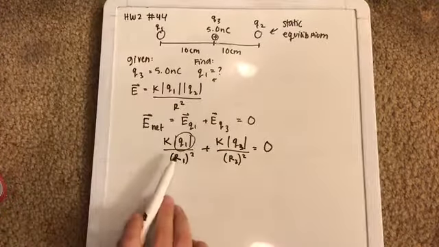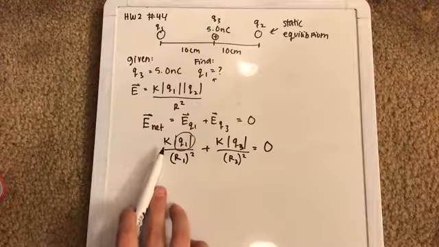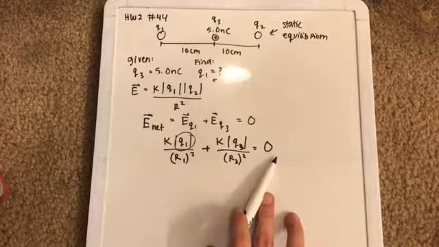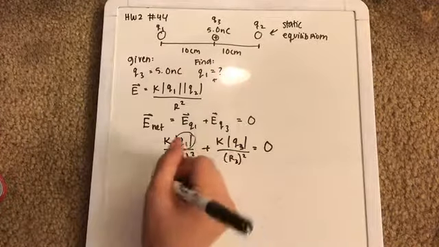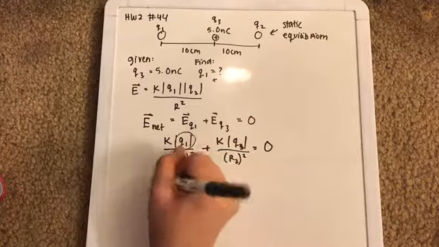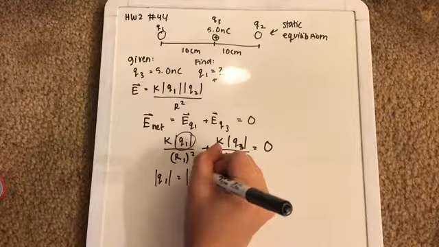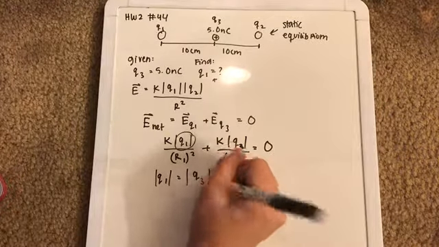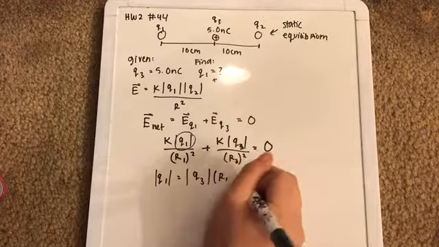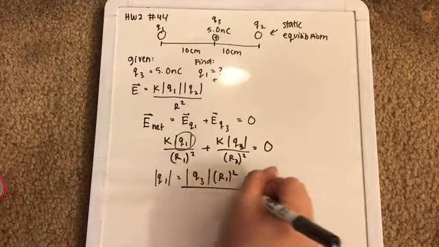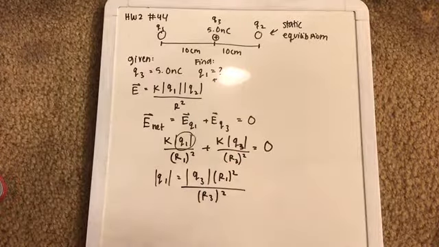So what I did next was I basically brought all of these over to the right side so that I could isolate Q1, and that came out to magnitude of Q3 times R sub 1 squared over R sub 3 squared.